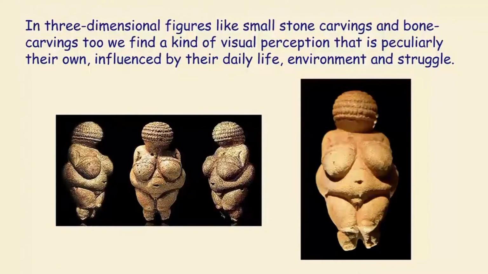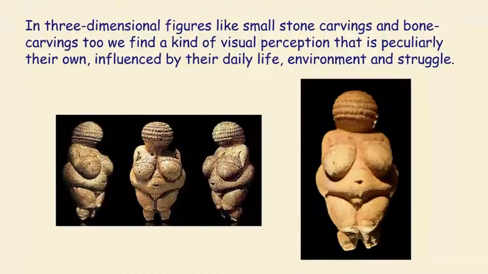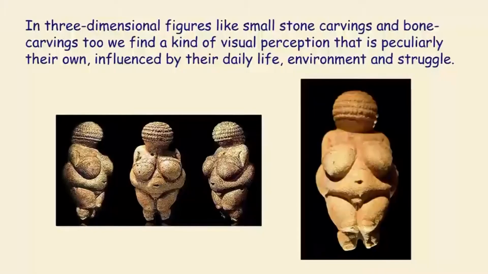So, if you think looking at this particular figure, a female figure, it is a very small kind of sculpture. If you think it is a stone sculpture, and if you think that this is the way they perceived the female body, you are wrong, because whatever exaggerations you might be noticing here are not the result of any natural visual perception, but the result of a particular concept, and in this case it is the concept of fertility that the sculptor wanted to convey through this image.